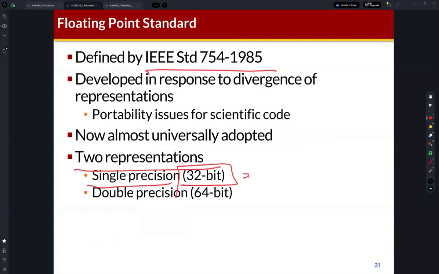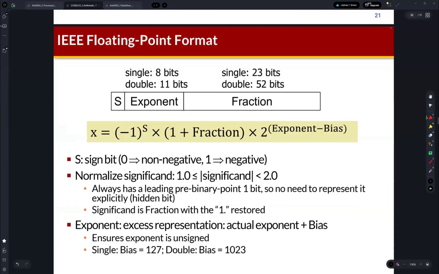So it's float in C. And double precision uses a 64-bit representation. So it's double in C. So there are 2 representations for these floating point numbers.